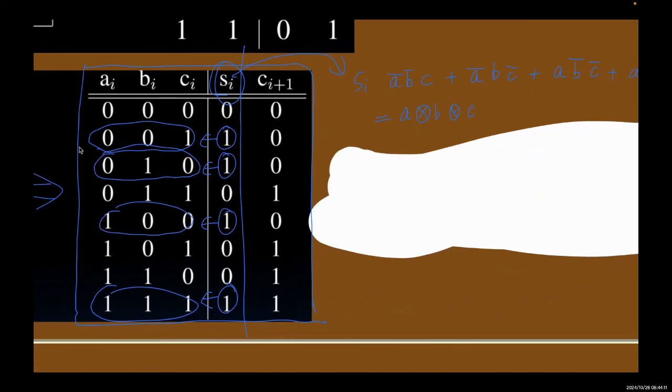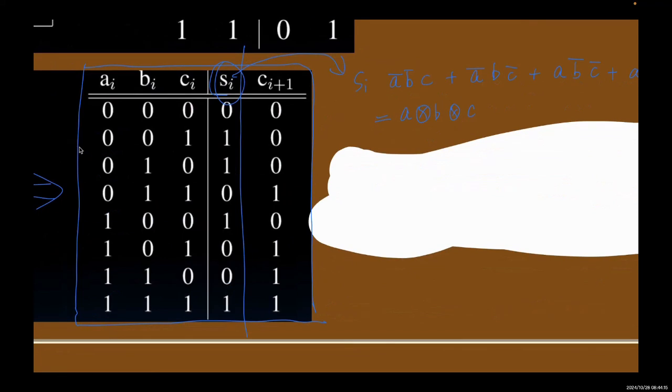Looking at this again, the output is 1 depending on the number of 1s in the input. When there are two 1s, the output is 0. When there's one 1, the output is 1. When there are three 1s, the output is 1.